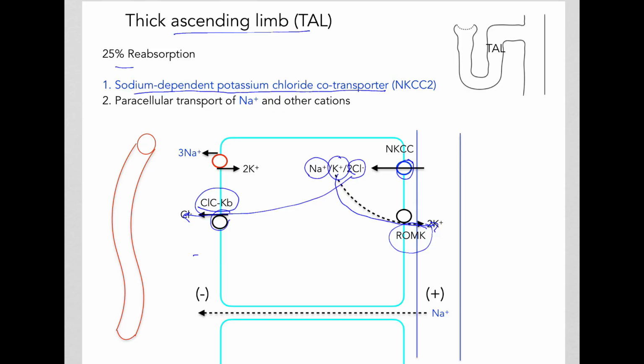Potassium being positively charged, we have a positive tubular cavity, while this side here is negative. And this difference in the electrical potential helps drive sodium as well as other cations from the cavity between the cells and into the bloodstream by paracellular transport. So there's a little bit of paracellular transport of sodium that also occurs in the thick ascending limb.